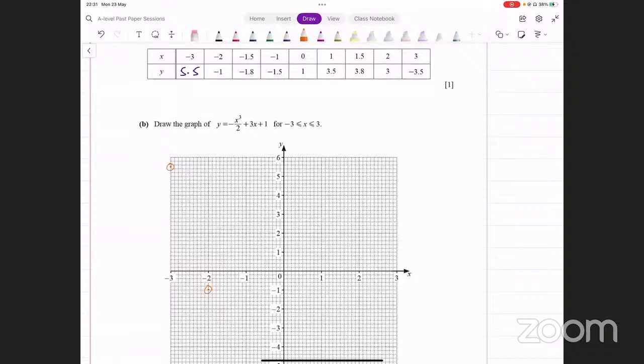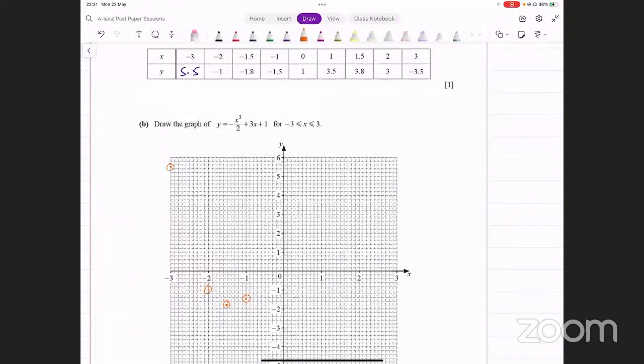That should be somewhere here. Keep the scale in mind, on the vertical axis one small box is representing 0.2. On the horizontal axis one small box is representing 0.1. Okay, so -1 and -1.5, that point is going to be here.